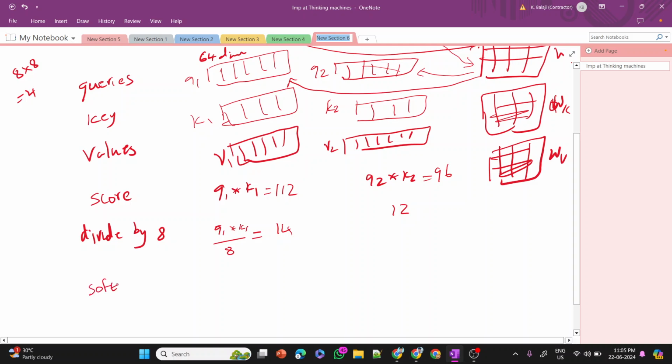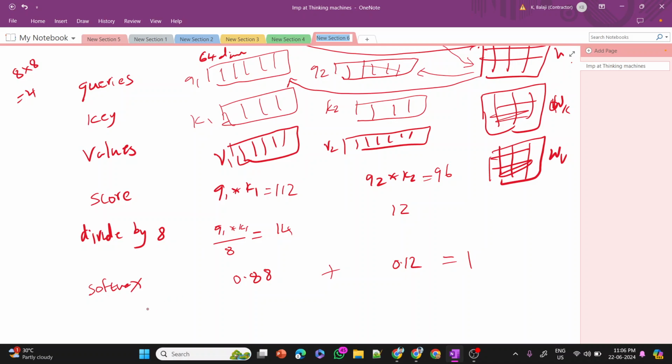After applying softmax on this 14, we will get 0.88, and then 0.12 for the other. After adding these values, the total is one. After adding the score divided by 8 of each word, we get overall 1.